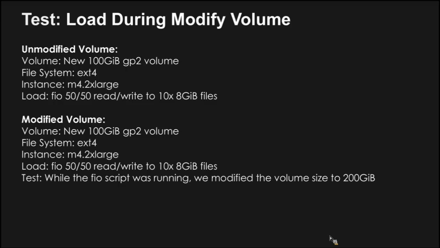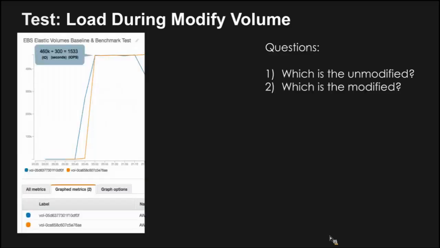So let's look at a test modification that I did recently. We have an unmodified volume, or a volume that we're not going to modify. It's a 100 gigabyte gp2 volume. It has an ext4 file system. It is attached to an m4.2xlarge. And we're running fio, a 50-50 read-write workload, 10 of these against 8 gig files.